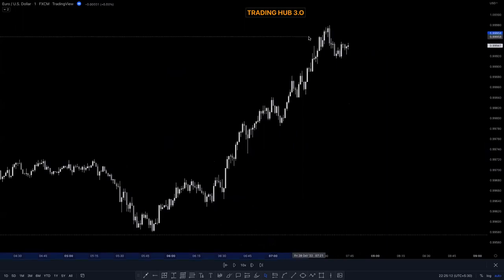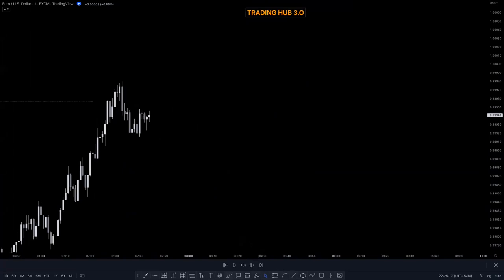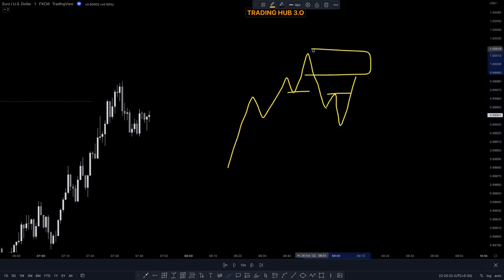This one is a previous high taken out. When the market takes out the previous high or low, breaks the structure and takes out this inducement, you can sell here. This is the first entry model.